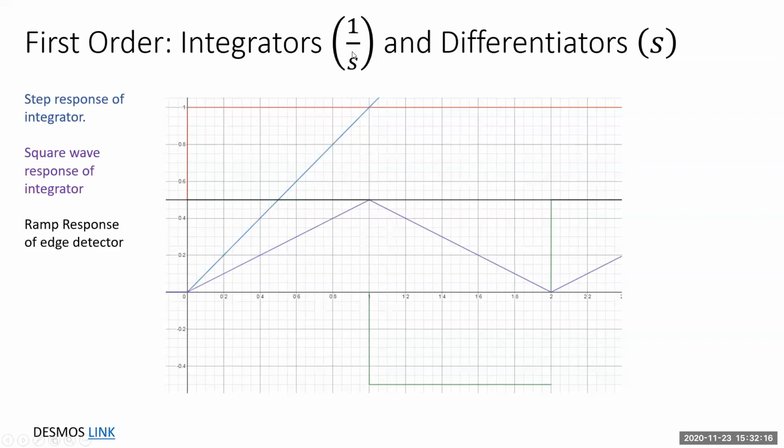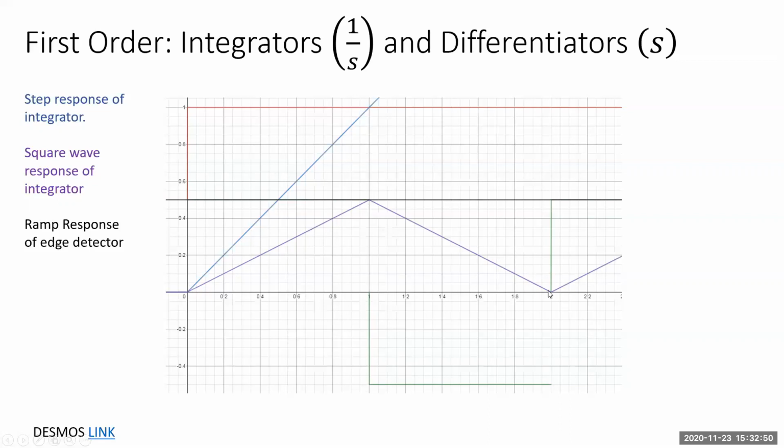Well, an integrator, which is 1 over S, or a differentiator, which is just S. So if I take the step response of an integrator, you're going to get a linear ramp. And if I have a square wave, Desmos doesn't necessarily like these discontinuities, but basically you have a positive thing, it integrates, then when it goes to a negative value, it integrates back down to zero.